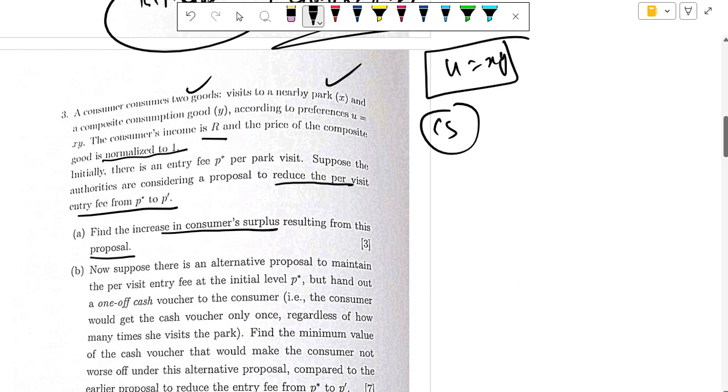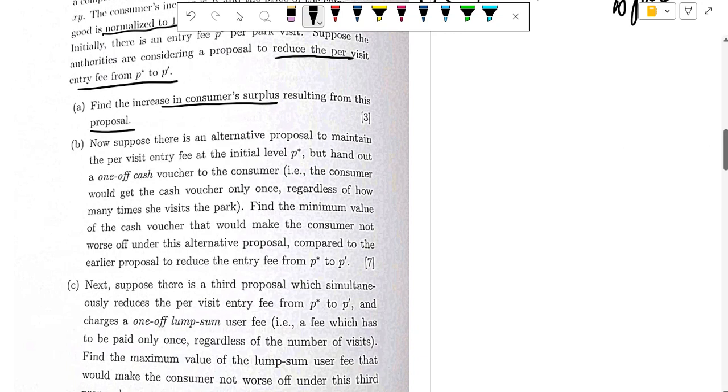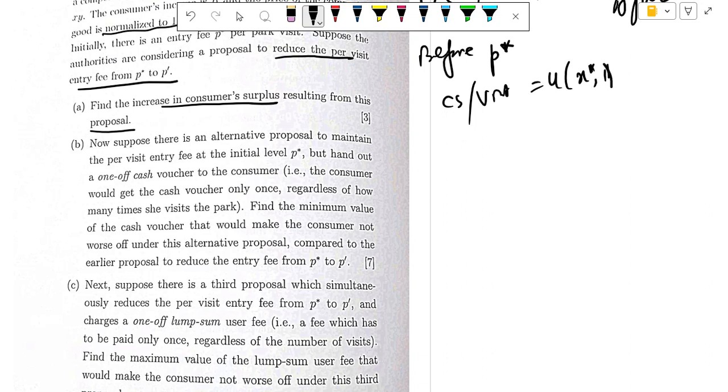So let's denote the number of park visits before the fee reduction as X star, and after as this. Before the fee reduction, the price is P star, and the consumer surplus per visit is U equal to X star into 1 minus P star.